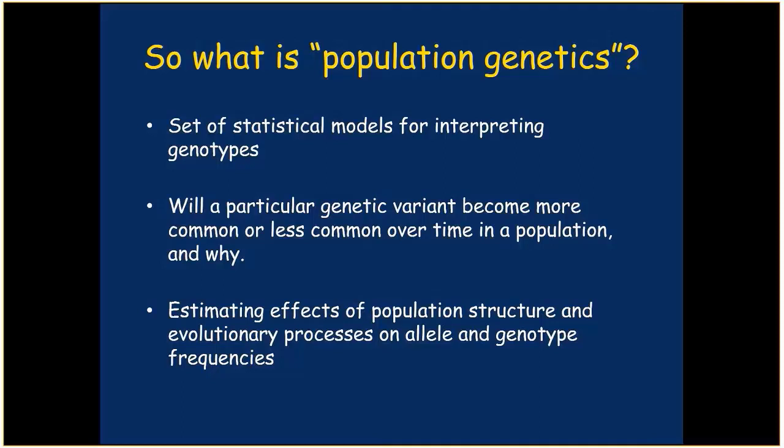Essentially, we collect genetic or genotypic data on our animals or plants of interest, and then use a series of statistical models, collectively known as population genetics, to look at the questions of: do particular genetic variants that we see become more or less common over time, and why? And then also estimate the effects of population structure and different evolutionary processes on allelic and genotypic frequencies.